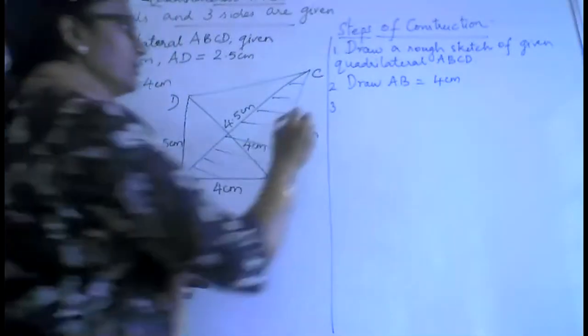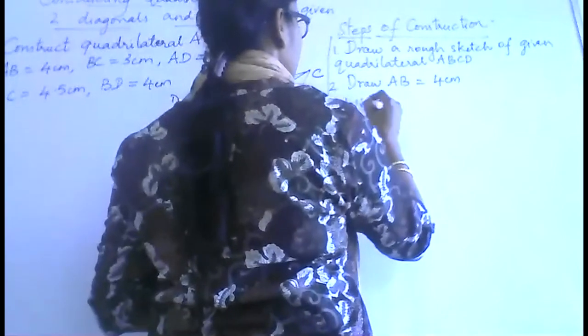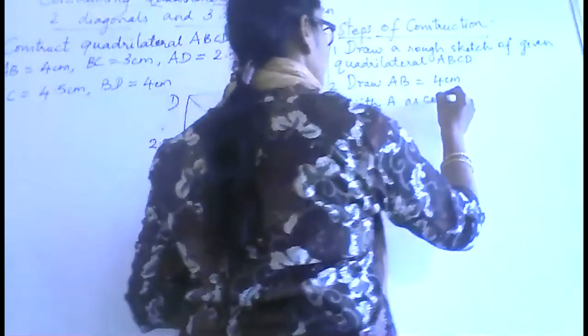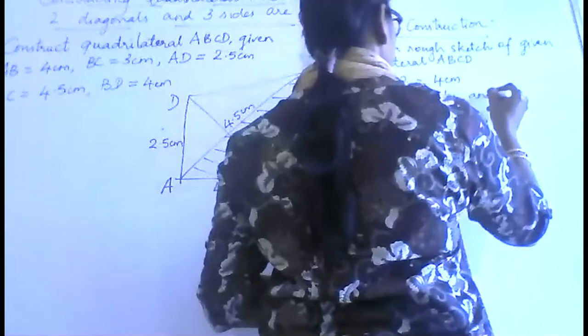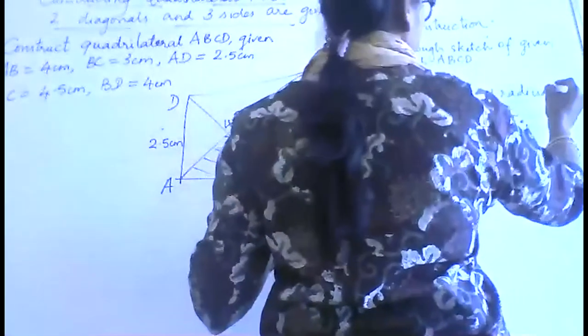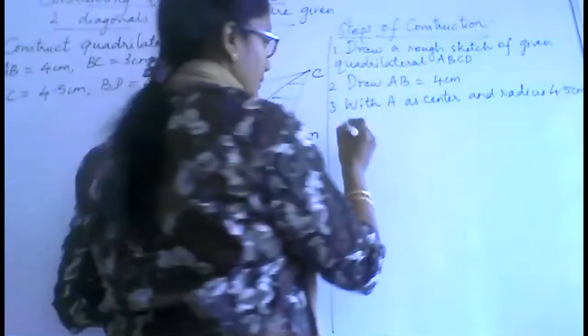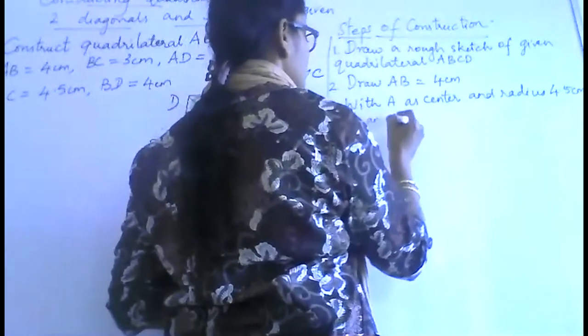Then next, with A as center and radius, what's the radius you take? 4.5 centimeters. Cut an arc.